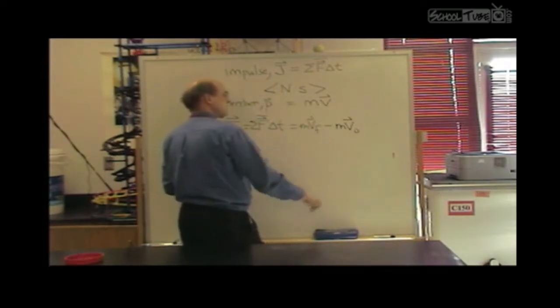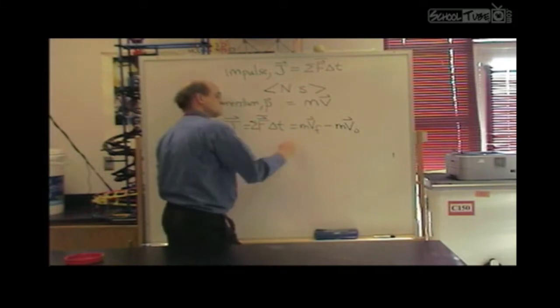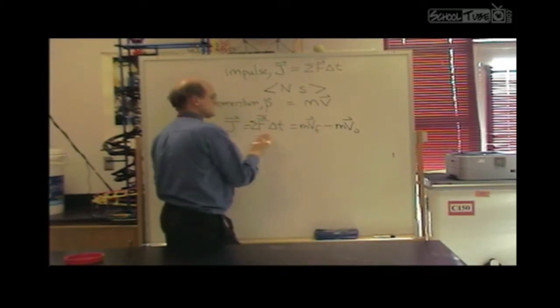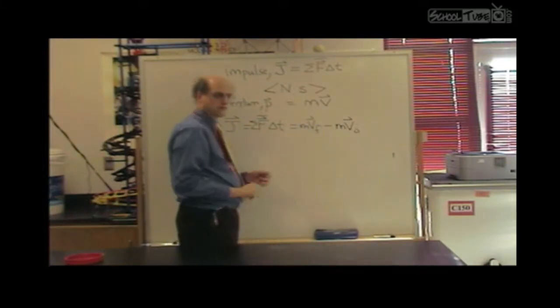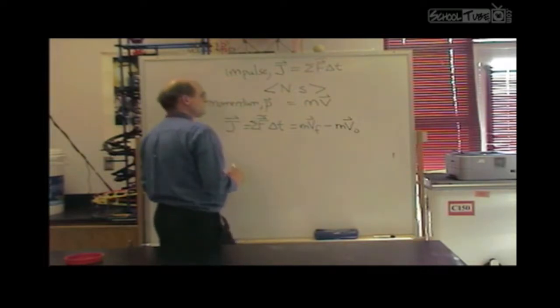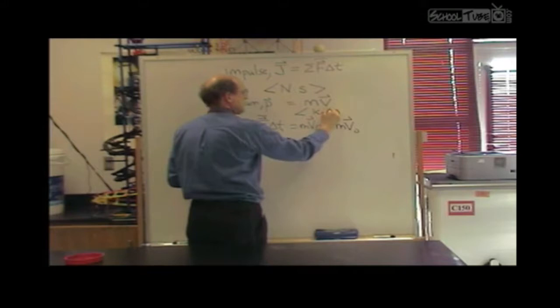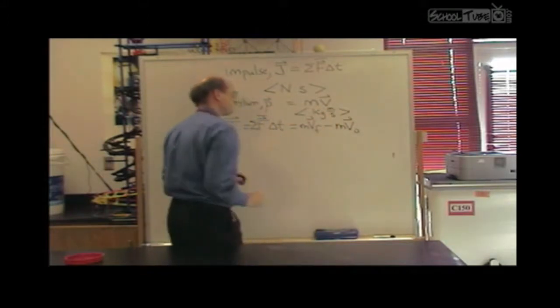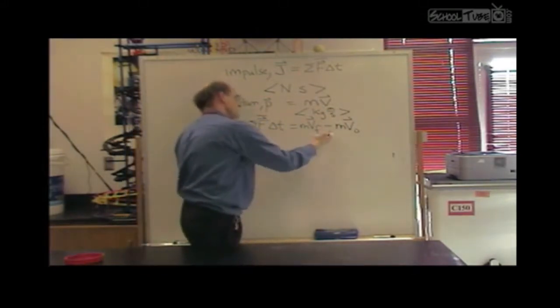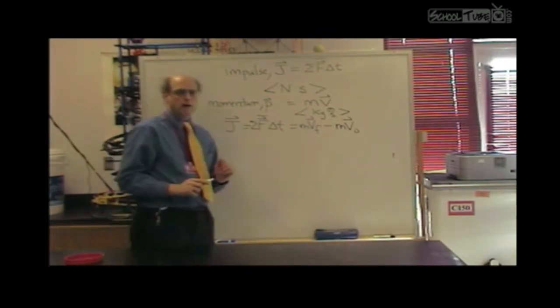So this is the final momentum, and this is the original momentum. So the change of momentum is equal to the net impulse. The unit of momentum, by the way, is the kilogram meter per second. This equation here is known as the impulse-momentum theorem.